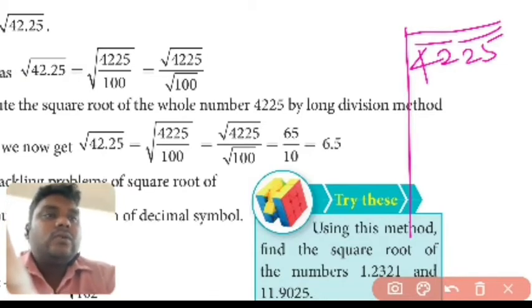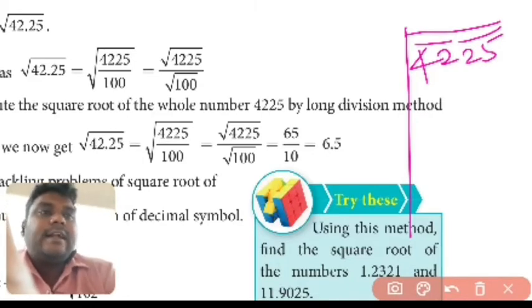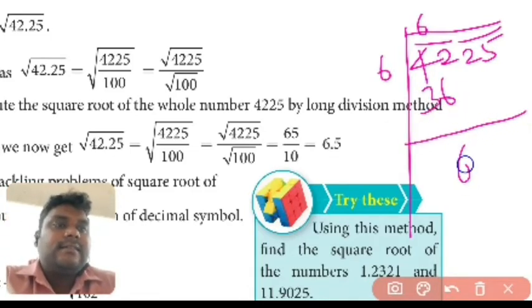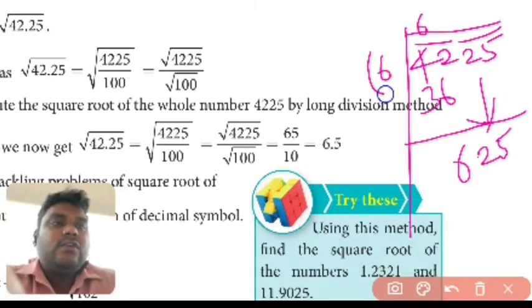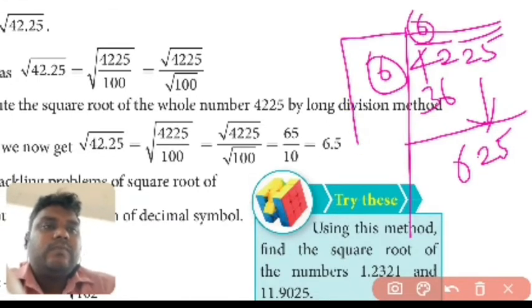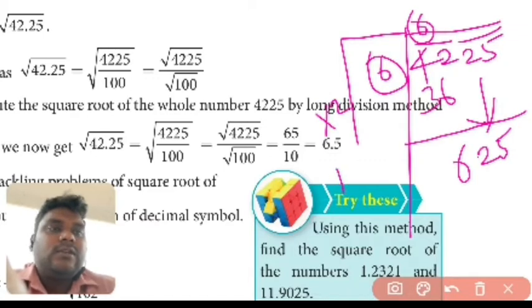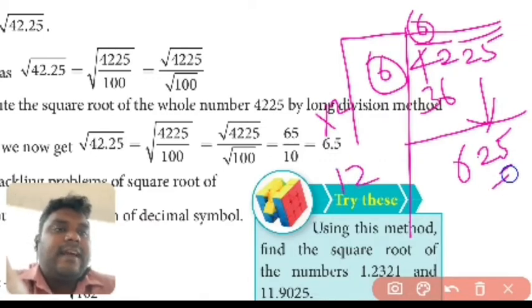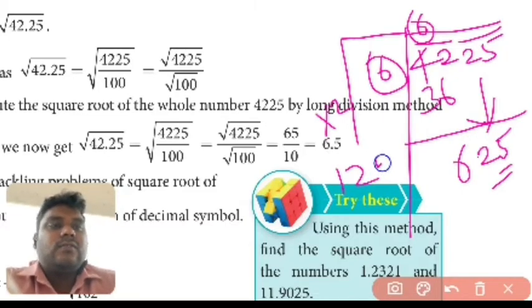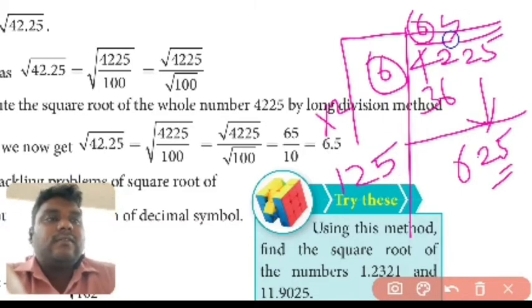What comes first? 42. The nearest to 42 in the square table is 6 6s are 36. Remaining 6. We bring down 25 to get 625. We multiply 6 by 2: 6 2s are 12. The one digit number is 5, so the square root digit is also 5.